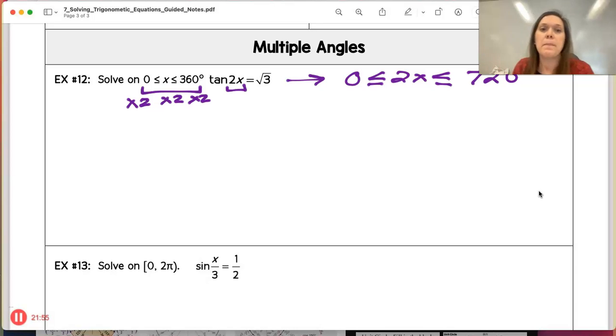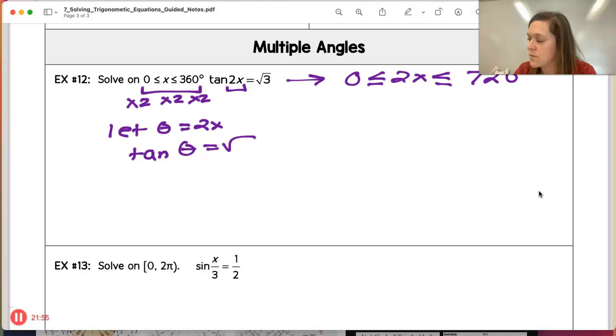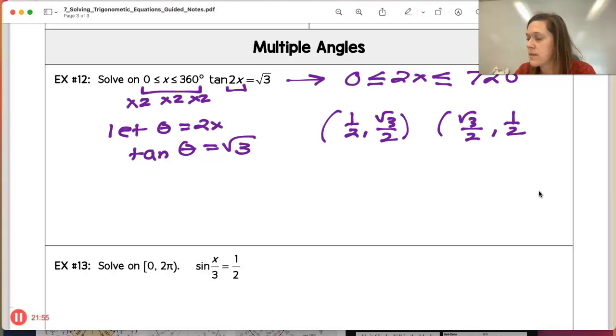Okay, so I find it easiest to do a little bit of substitution here. If I'm just going to use theta equal 2x, then that equation is just turning into tangent theta is equal to root 3. And we can find that. Remember when we did our trial and errors between the 1/2, root 3 over 2 and the root 3 over 2, 1/2? Which one of those gave us the root 3's?